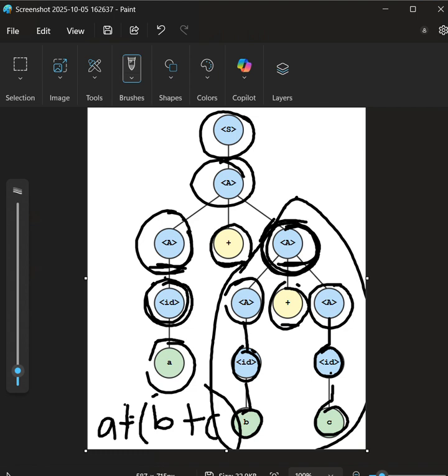So meaning we group it as A plus, then B plus C. The structure shows that we first add B and C, then add A to that result.